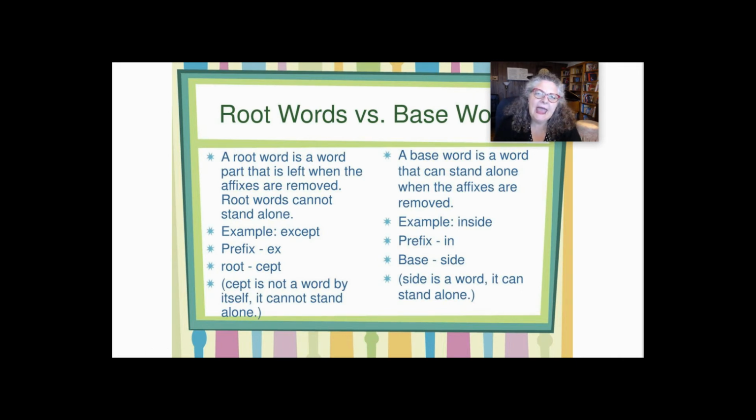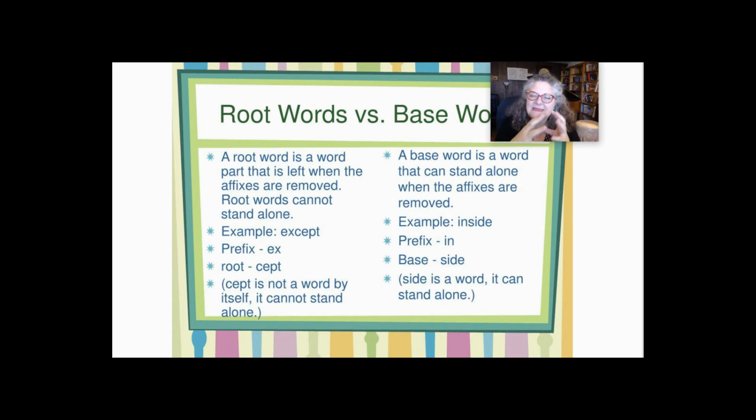What are you adding prefixes and suffixes to? Well, you can add them to two types of words. You can add them to root words or base words. Now, there is a difference, even though people sometimes use them synonymously. A root word is a word that when you take off all the prefixes and suffixes, it can't stand alone.